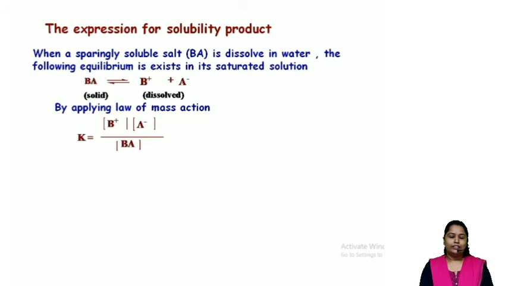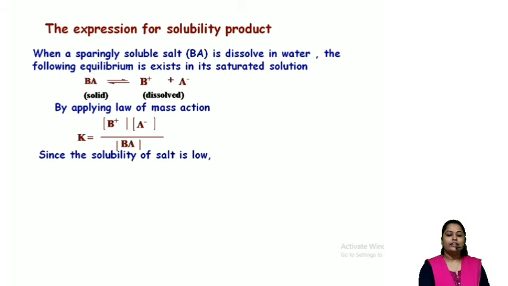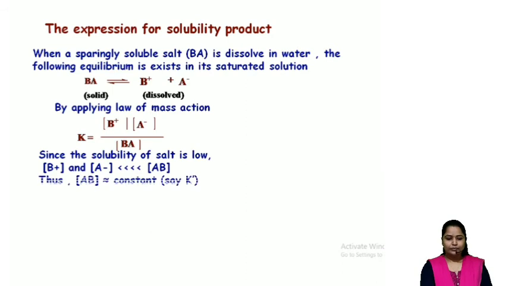We know that it is a sparingly soluble salt, therefore it has very low solubility. Hence the concentration of salt AB is nearly constant. The concentration of B+ and A- ions is very small compared to the concentration of AB. Thus the concentration of AB is approximately constant.